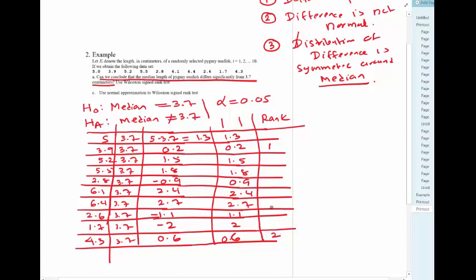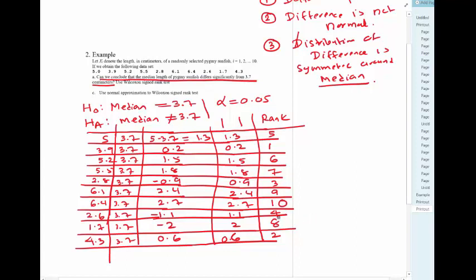Then the next one is here, 3. So I can write down all the ranks. Next one is this one, 4, then next one is here, 5, then this one is 6, this one is 7, and this one is 8, this one is 9, last one is 10.